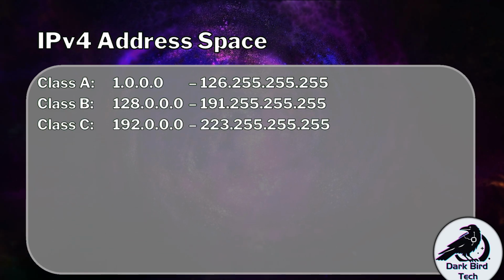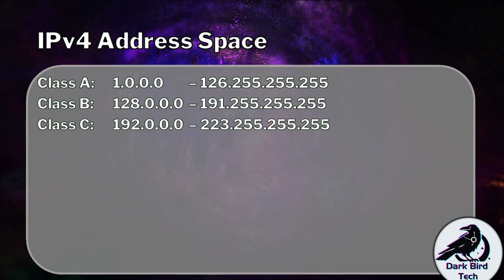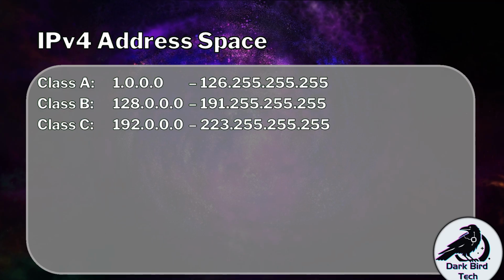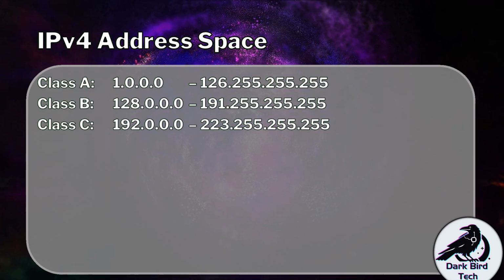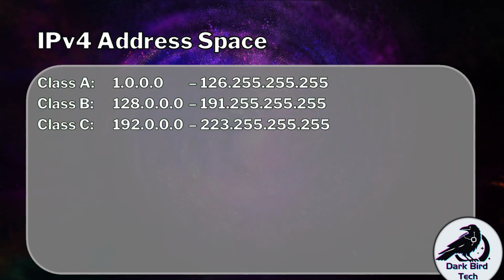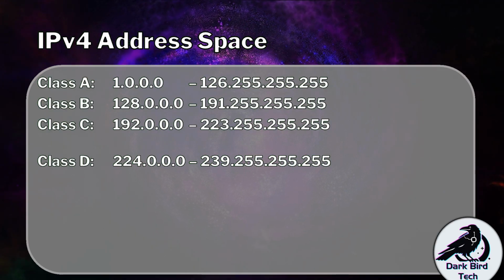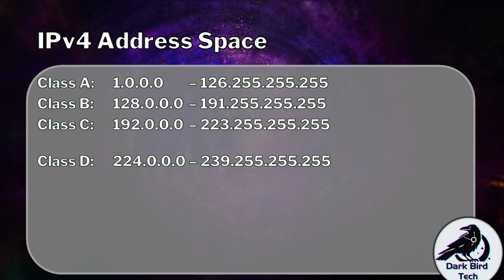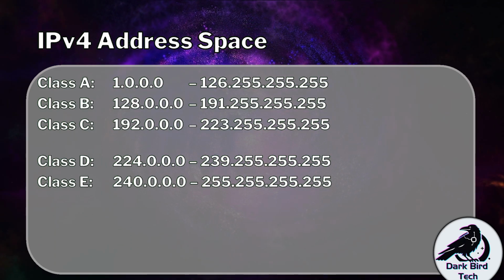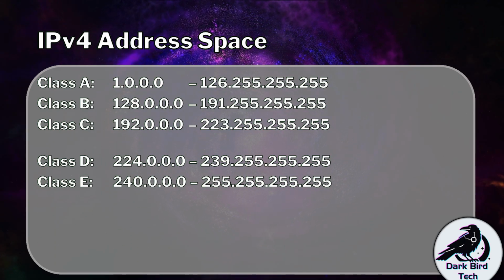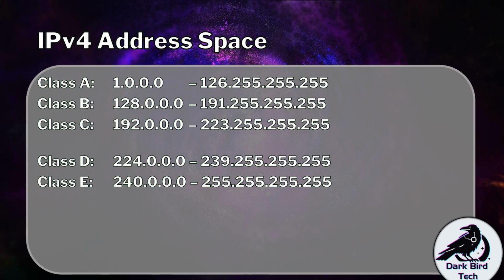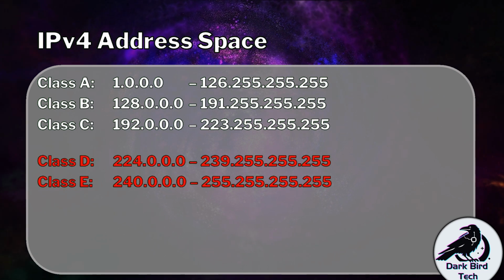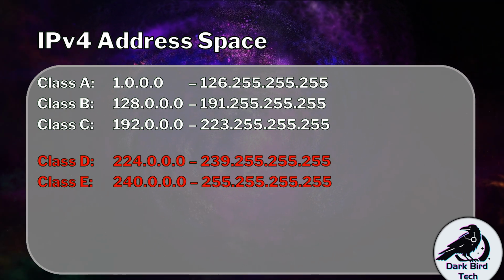And with Class C, you've got 192.0.0.0 going up to the end of 223.255.255.255. Then you get Class D, which begins at 224 and goes up to the end of 239, and Class E, which goes from 240 up to 255. Now the thing about Class D and Class E is you won't see them that much in the real world.